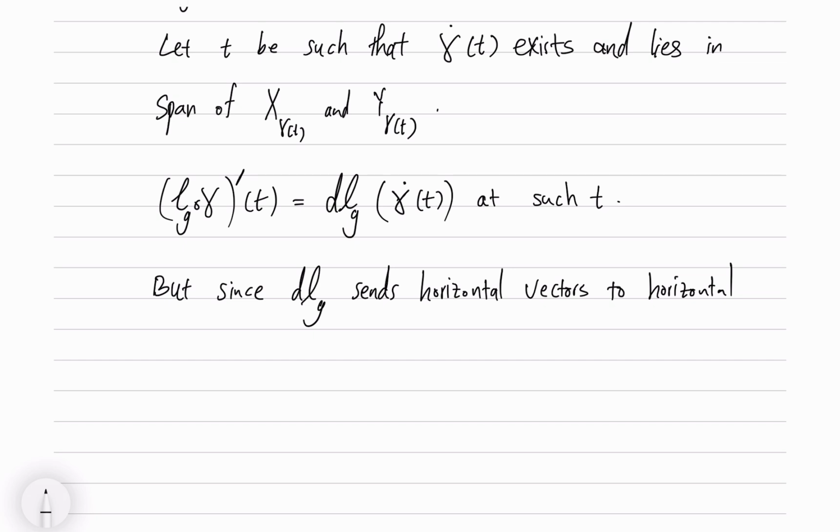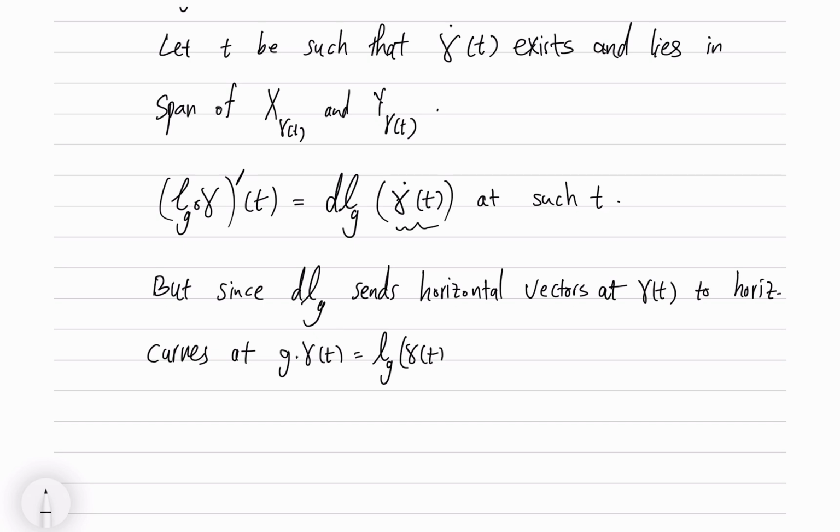That means, because gamma prime lies in the span of X and Y at gamma(t), that dL_G sends horizontal vectors at gamma(t) to horizontal vectors at g times gamma(t), which happens to be L_G applied to gamma(t).